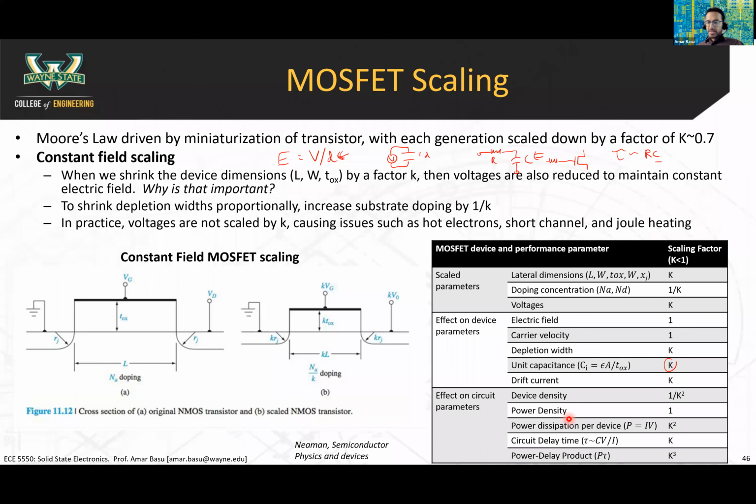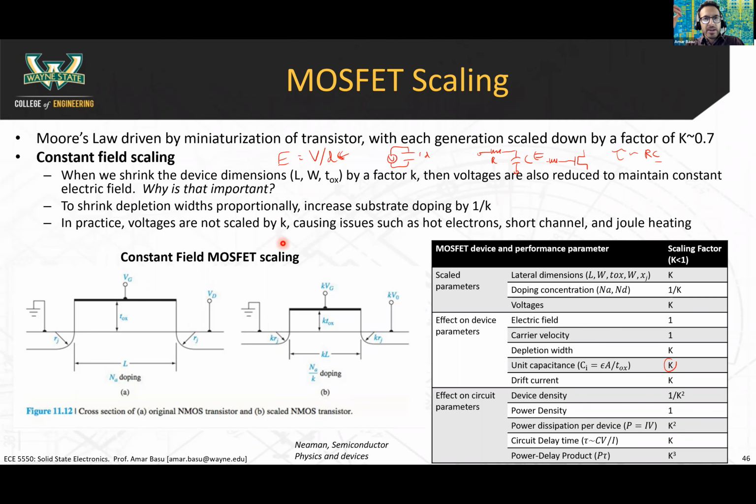Okay, all right. Now, getting to some of the real world issues. In practice, the voltages are not scaled by K. Ideally, we'd like to. If we did, we could maintain a constant field, but in reality, they're not. Think about why this is.